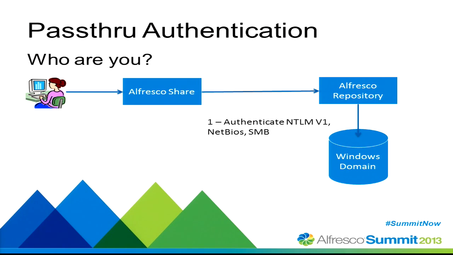I've got a slide later on that explains NTLM, but the idea behind it is that it doesn't actually send the username and password over the network. It does some cryptographic stuff to stop you needing to send your password in the clear.